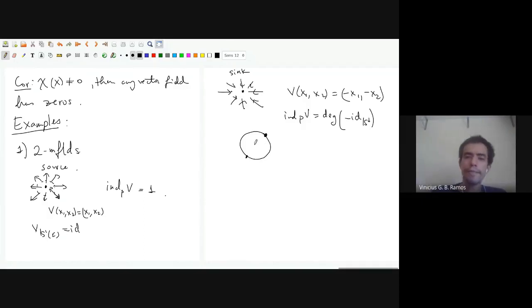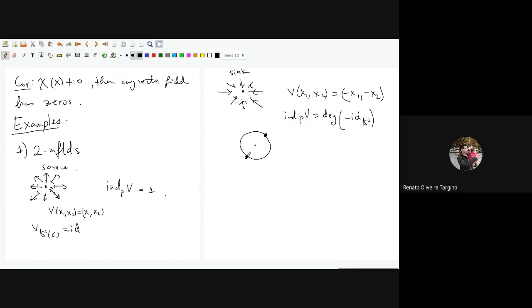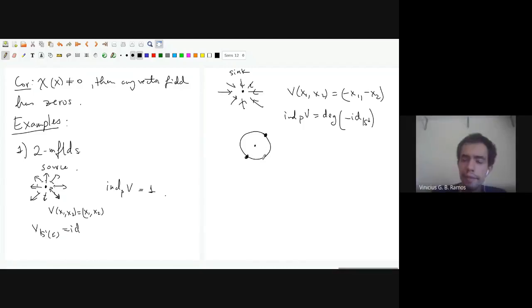You have to be a little careful. I can't remember what I said last time, I might have said something wrong. But the degree of minus identity is not always minus 1. It's minus 1 or 1 depending on the dimension. The degree of minus identity is basically the determinant of minus identity in the right dimension.